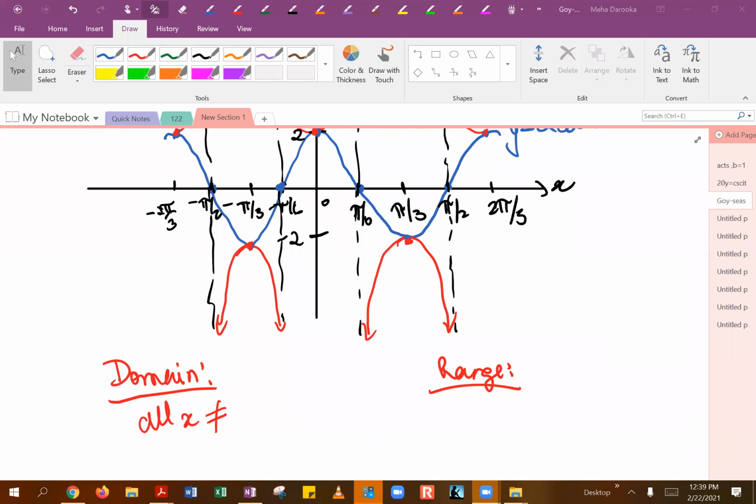Okay, so Abdulaziz, you've got all real numbers except pi over 6 plus pi over 3 times n. Okay, so this is what Abdulaziz is giving us. So except pi over 6, which is where you can see is where our first vertical asymptote happens in our graph. So that's definitely a good point.